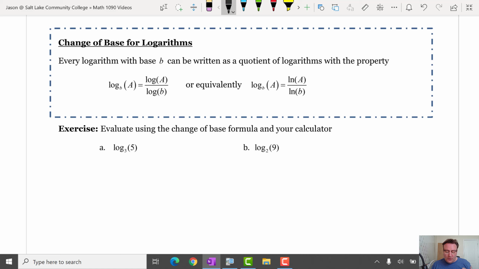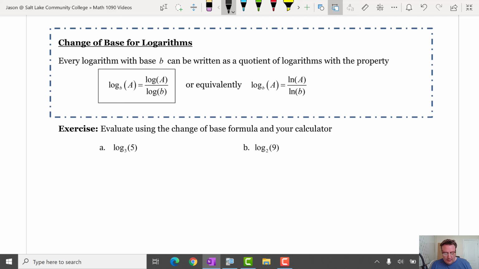Well, we can figure out exactly the value using our calculators by rewriting logarithmic expressions using either the common logarithm or the natural logarithm. So we have this first expression here: log base b of a is equal to the common log of a divided by the common log of the base.